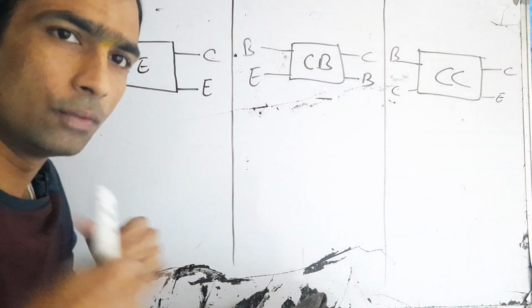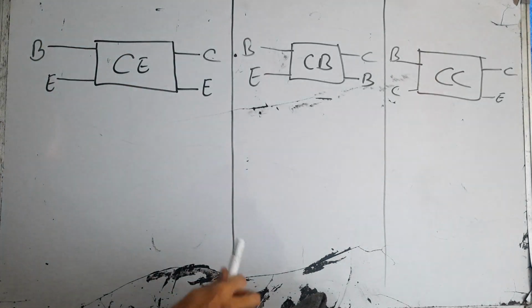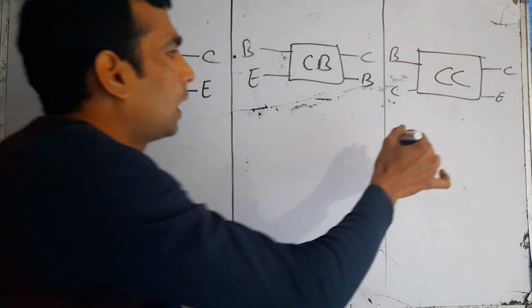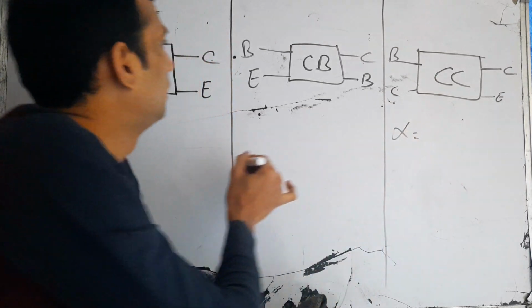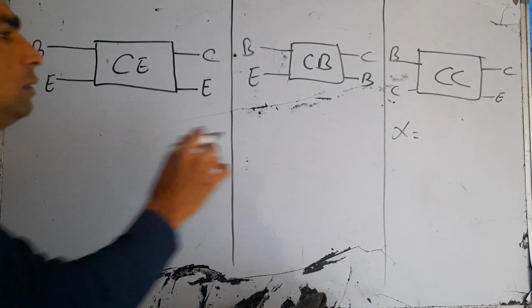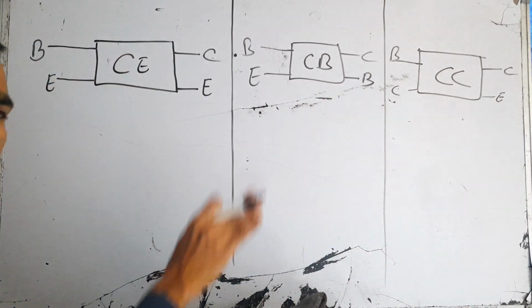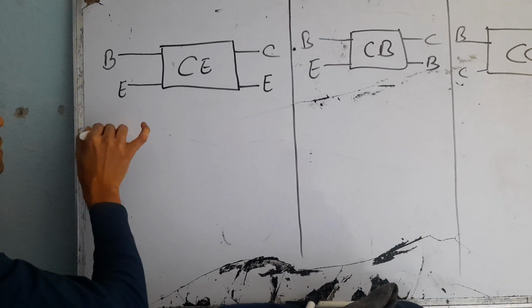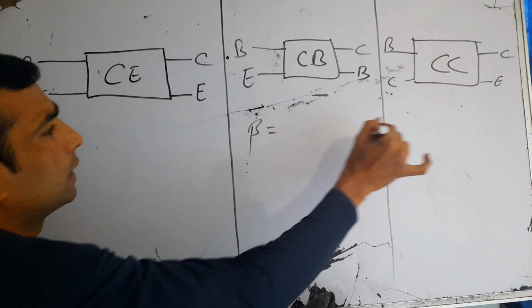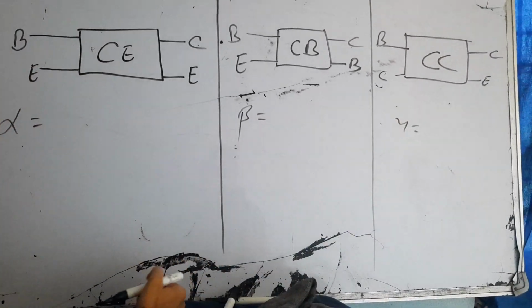This is the first agenda which we have already done. So what is the next? Current gain. Here I am calling them alpha, beta and gamma.